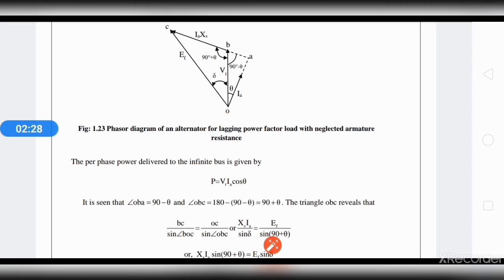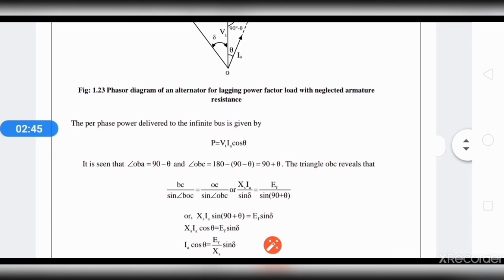This is nothing but the opposite angle ratio, and BC is nothing but XS multiplied by Ia, and OC is nothing but the generated EMF.